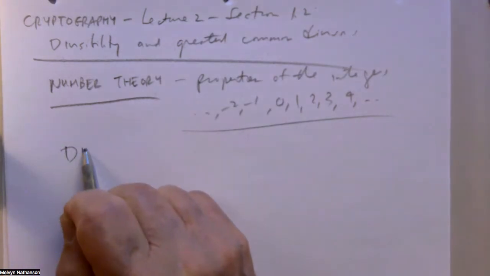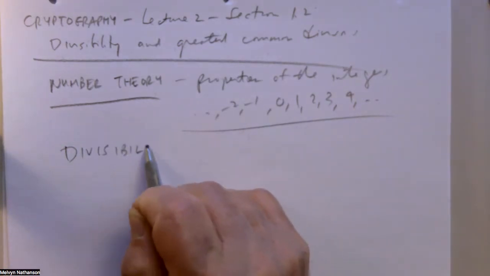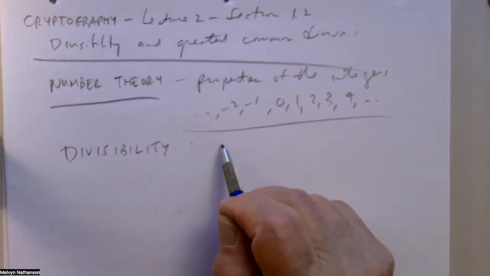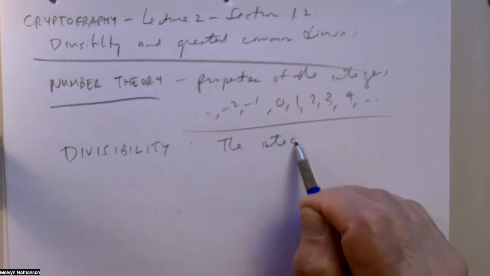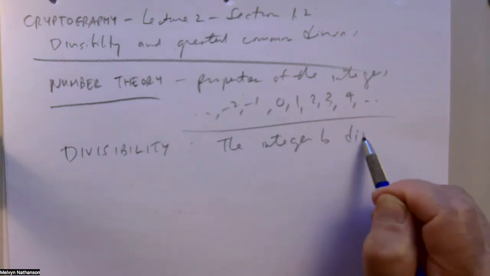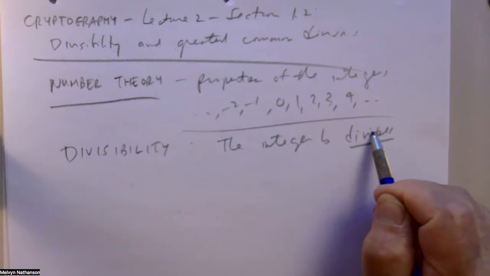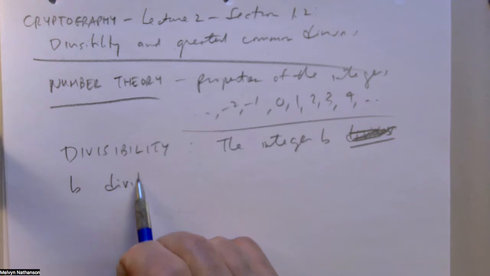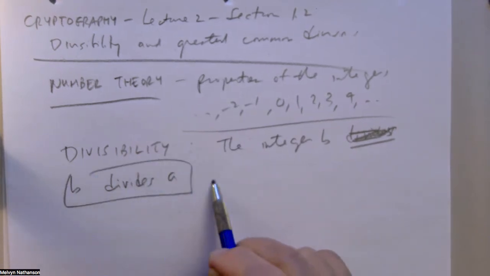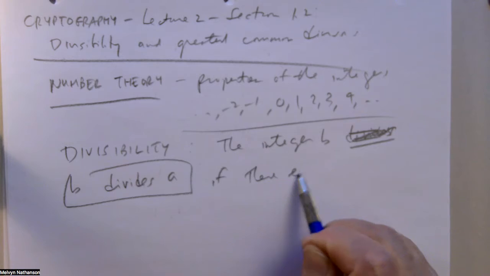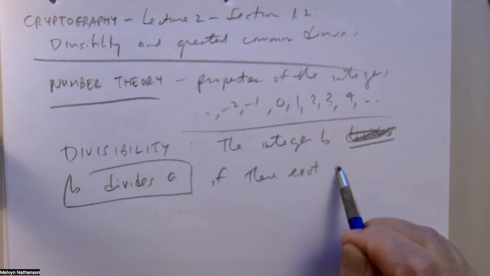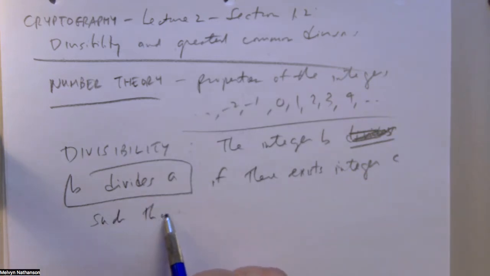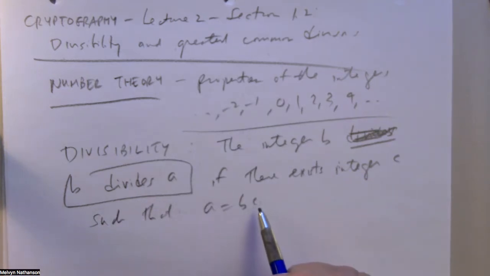And a basic concept is divisibility. So we say that the integer b divides a if there exists an integer c such that a is b times c.